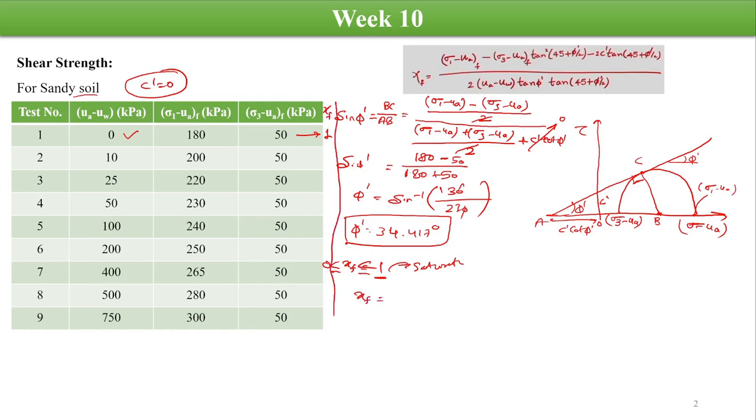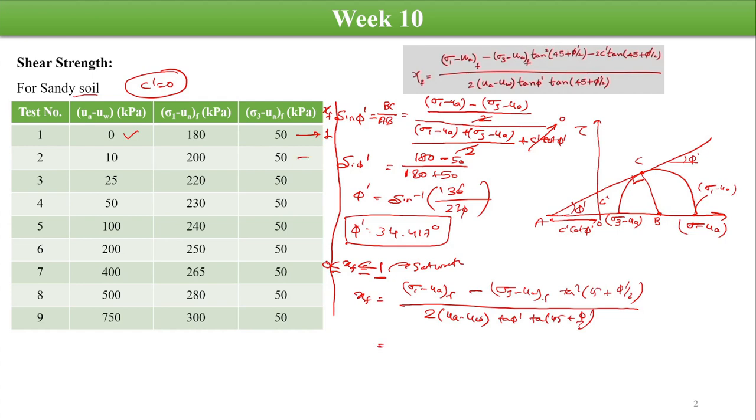For the second test, we'll calculate xi. So for the second test, it is sigma 1 minus ua at failure minus sigma 3 minus ua at failure, times tan square 45 plus phi dash by 2, and the term containing c dash will vanish. In the denominator, we'll have 2 times the suction value times tan phi dash, times tan 45 plus phi dash by 2, right?